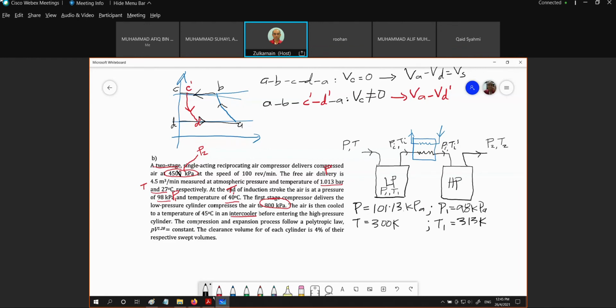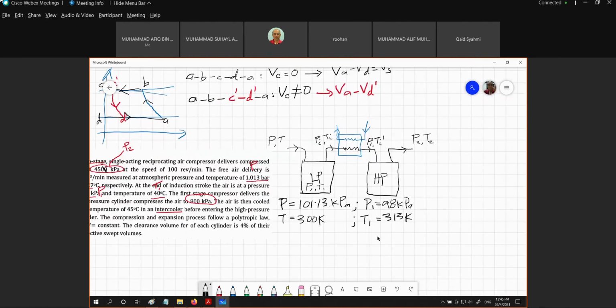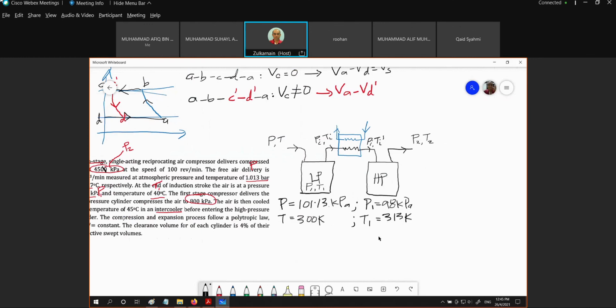Where is 800? 800 should be your PI. PI is equal to 800 kPa. And we have our TI prime. TI prime is 45. 45 plus 273, 318.